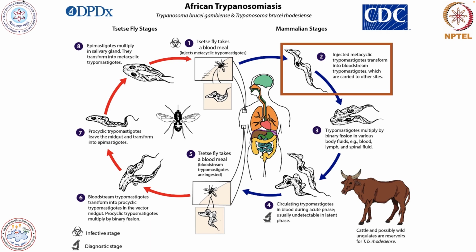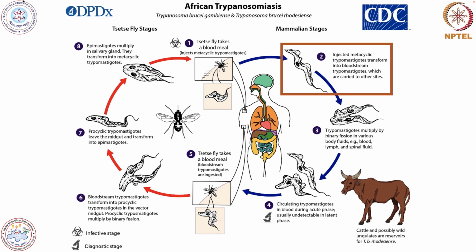They are carried to other sites throughout the body and reach other body fluids like lymph and spinal fluid, the cerebrospinal fluid, and continue replication by binary fission. So the injected metacyclic trypomastigote transforms into a bloodstream trypomastigote, which is carried to various sites as I have explained.